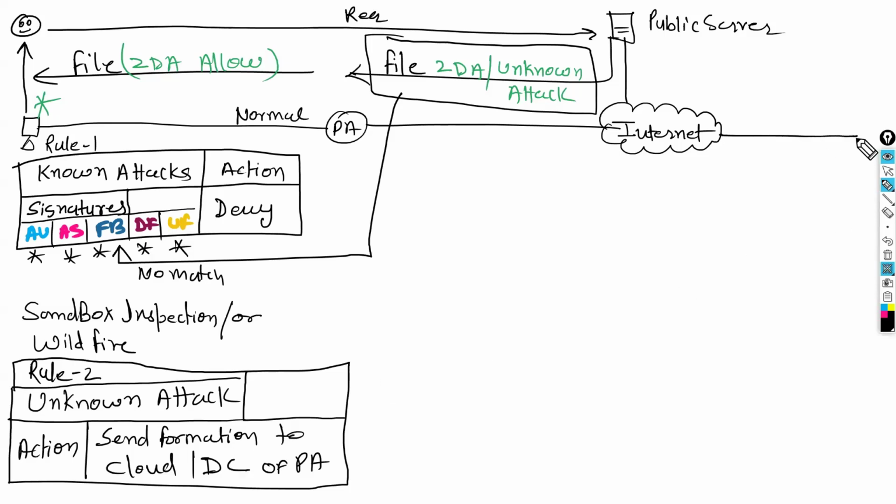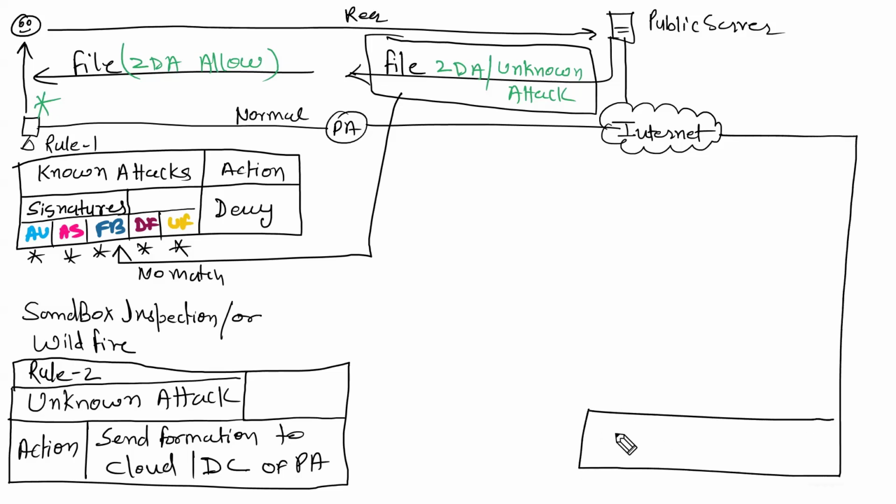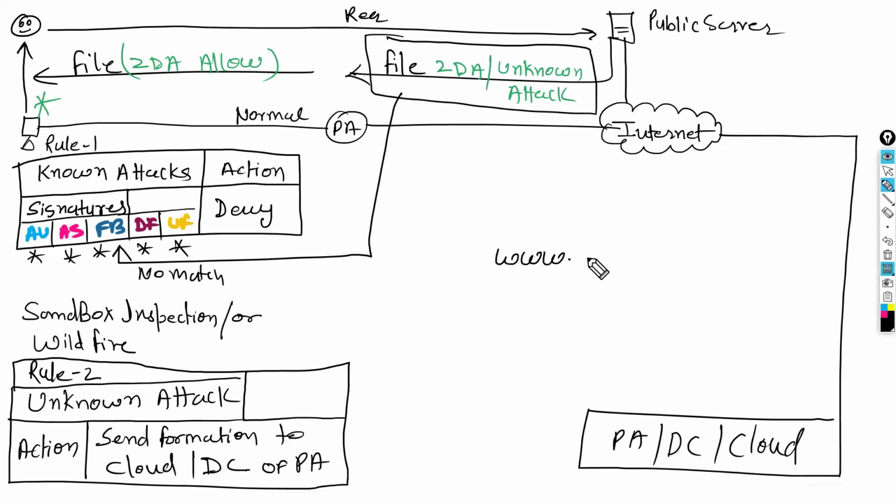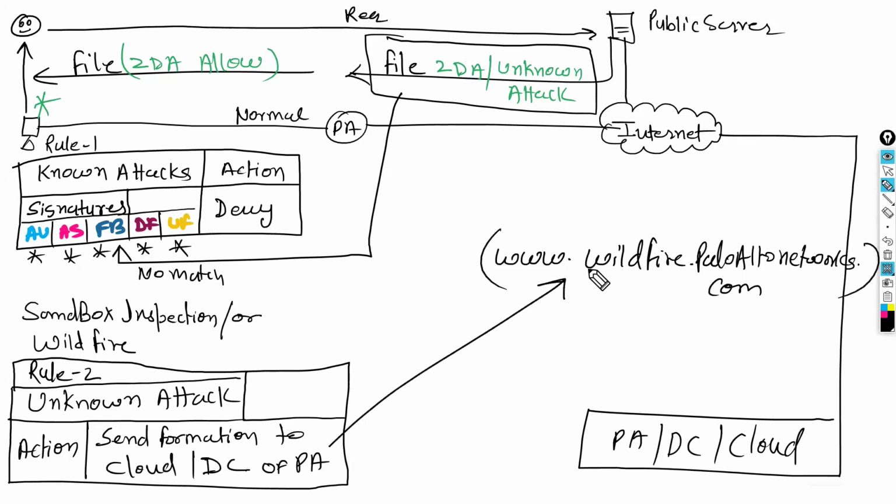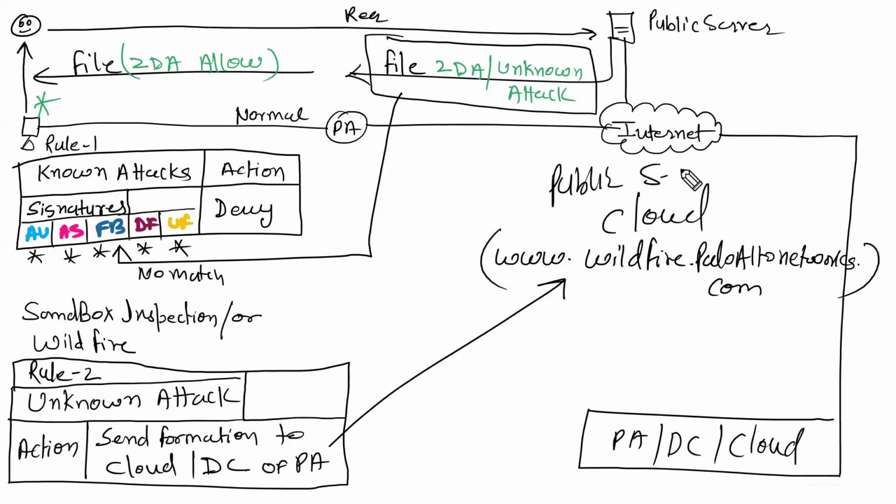On the internet, every vendor's data center is connected. So we are assuming here this is our Palo Alto data center, or the Palo Alto cloud. Actually, this is a server that is www.wildfire.paloaltonetworks.com. When we say we will send information to the cloud, the cloud is actually a public server.